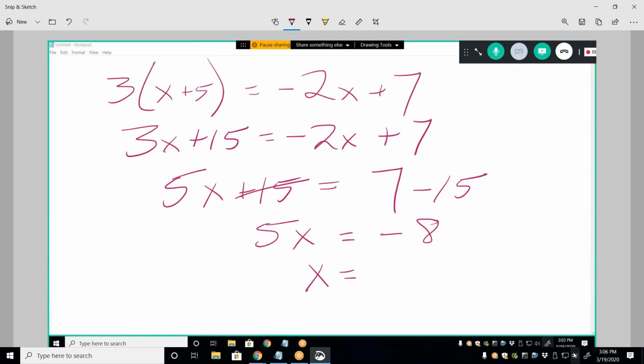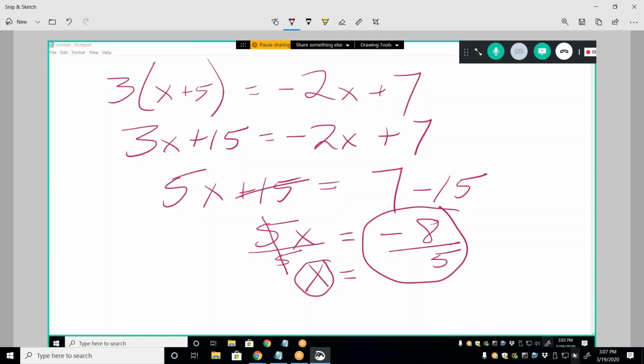X equals. Okay, so here's what you're doing. And then those two 5s cancel out. So you're left with x equals that. 1.6.